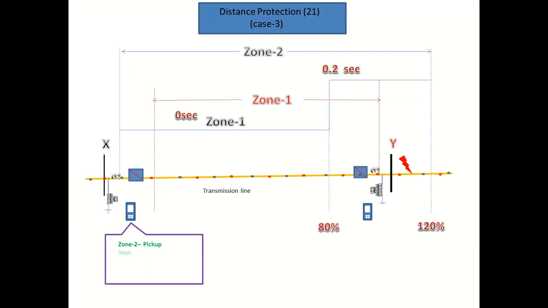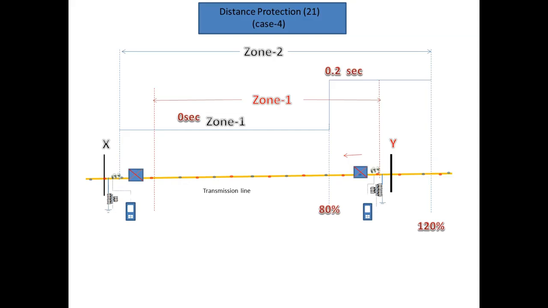It will not give a carrier signal now, so my relay will not trip like in the previous case. It will wait for its timing. If the fault is not cleared, it will trip in zone 2. We can move to the next special case, case 4.